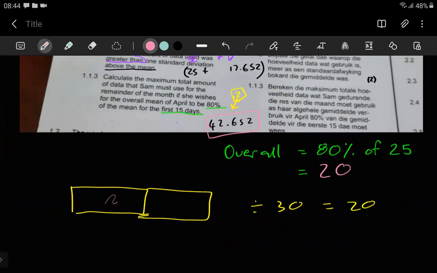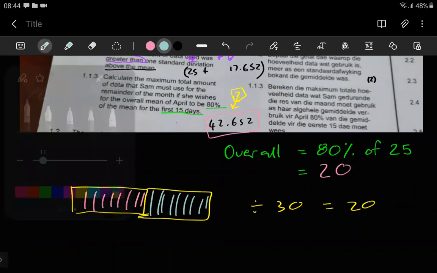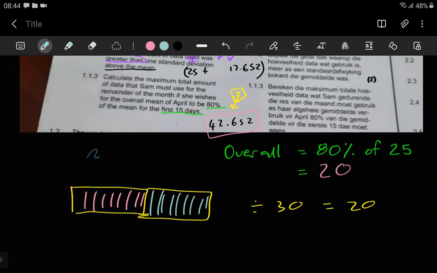What we know is there are 15 values here and 15 values here. If you know the mean for these is 25, for calculation purposes you can almost assume that every number here is 25. Does that make sense?